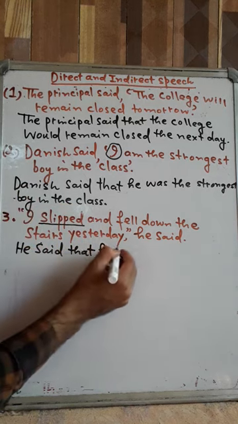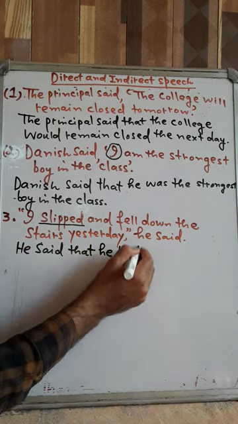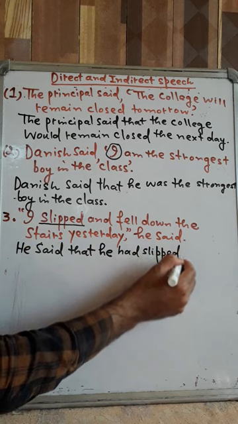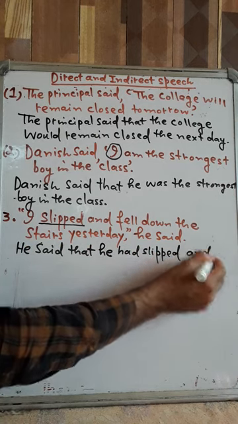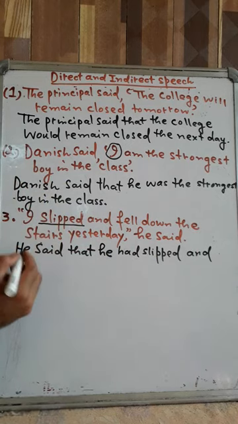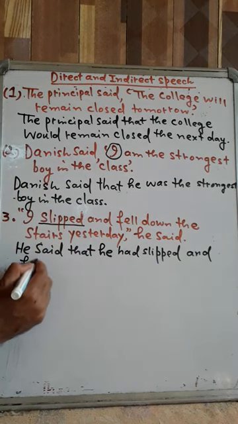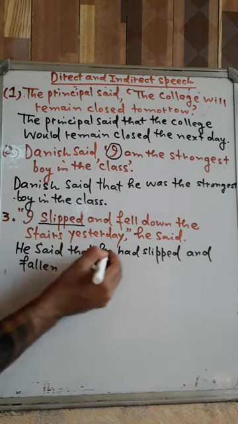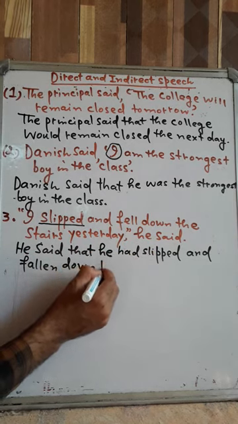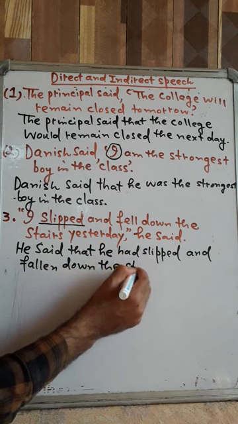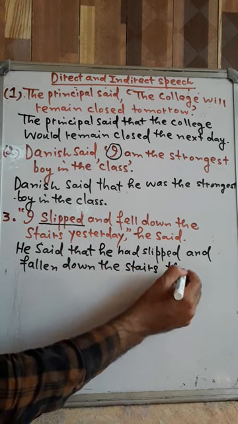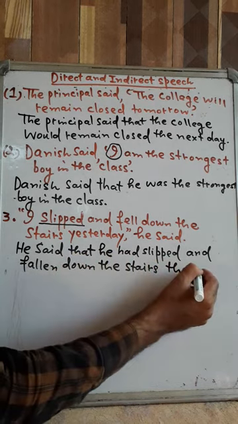He said that he had slipped. And now again the third form of this verb: fall, fell, and fallen. He said that he had slipped and fallen down the stairs the previous day. Yesterday is changed into the previous day.